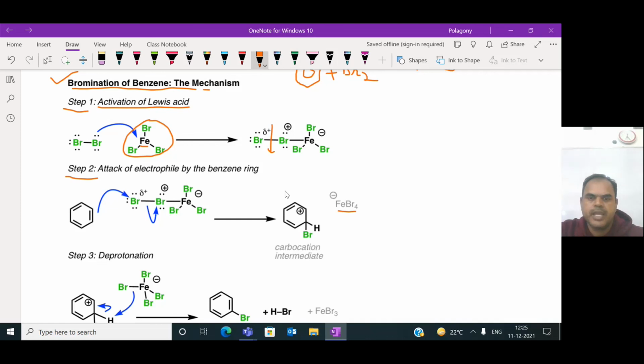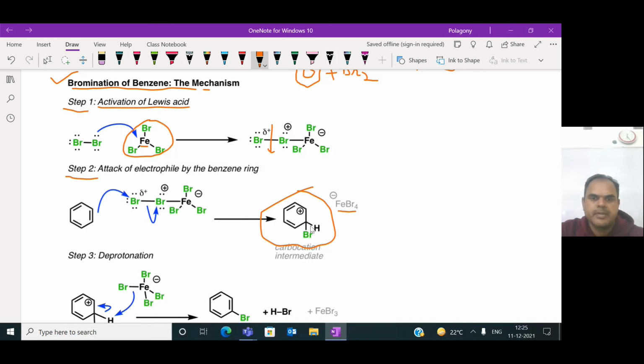This is the carbocation intermediate. Once the carbocation is formed, it undergoes resonance. Delocalization of pi electrons takes place within it, so we can get resonance forms of this carbocation intermediate.